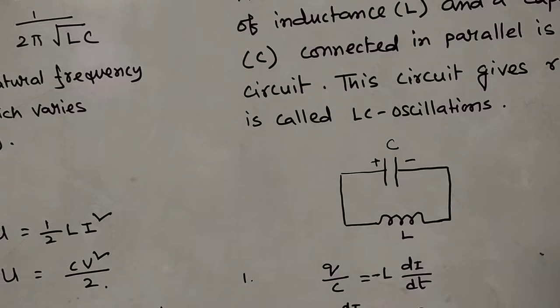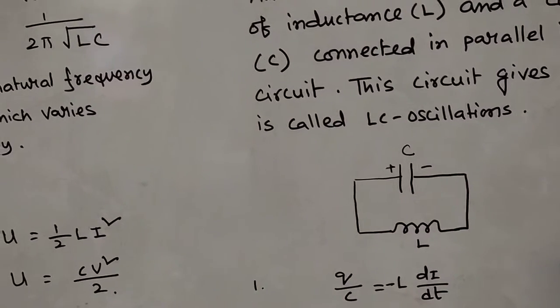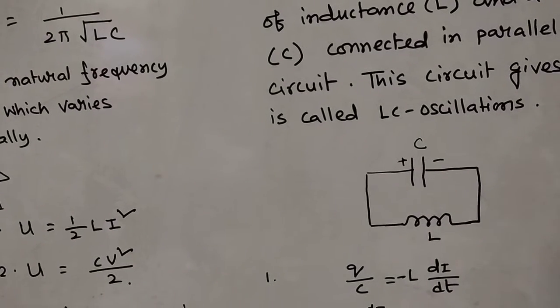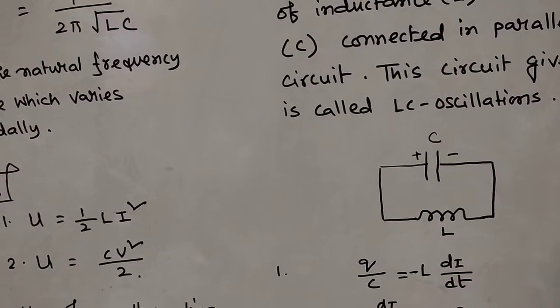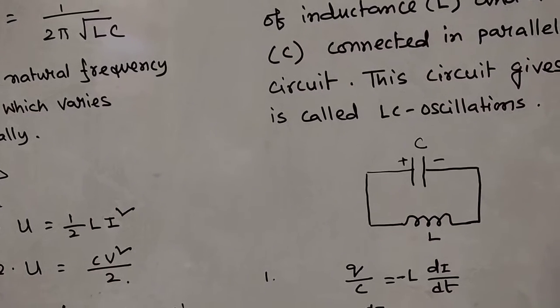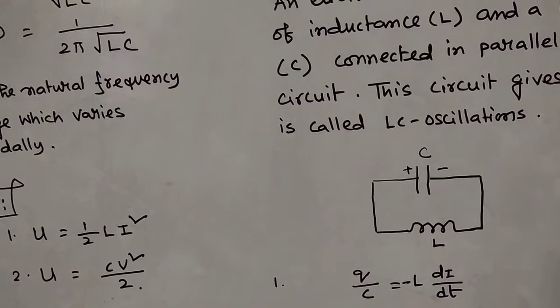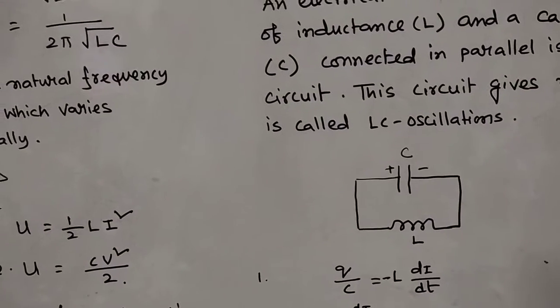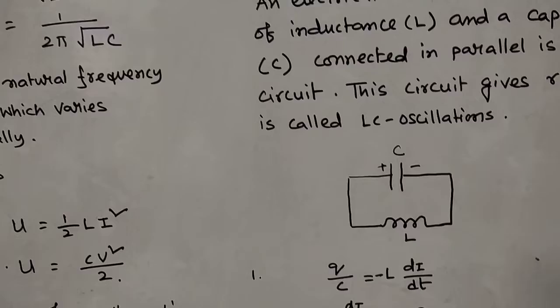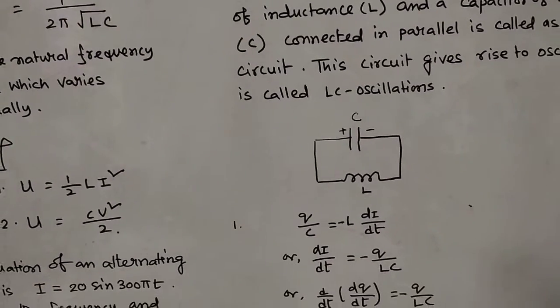As a result, the energy stored in the capacitor increases, and when the magnetic energy goes to minimum, the electric energy across the capacitor again increases. This way the energy keeps on moving from capacitor to inductor and then from inductor to capacitor.